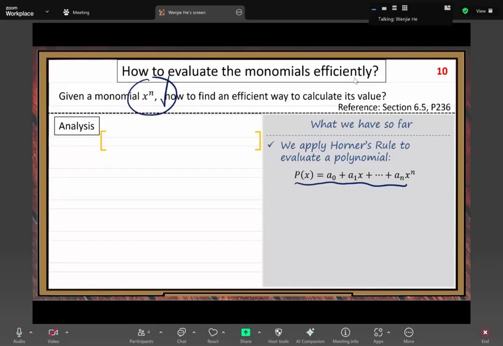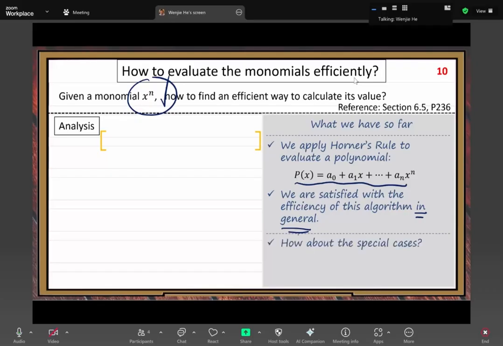But for the general case, we are very satisfied about the efficiency of Horner's rule. But for the special case, you will see we're not satisfied. So if we apply Horner's rule, we won't be satisfied. Why?